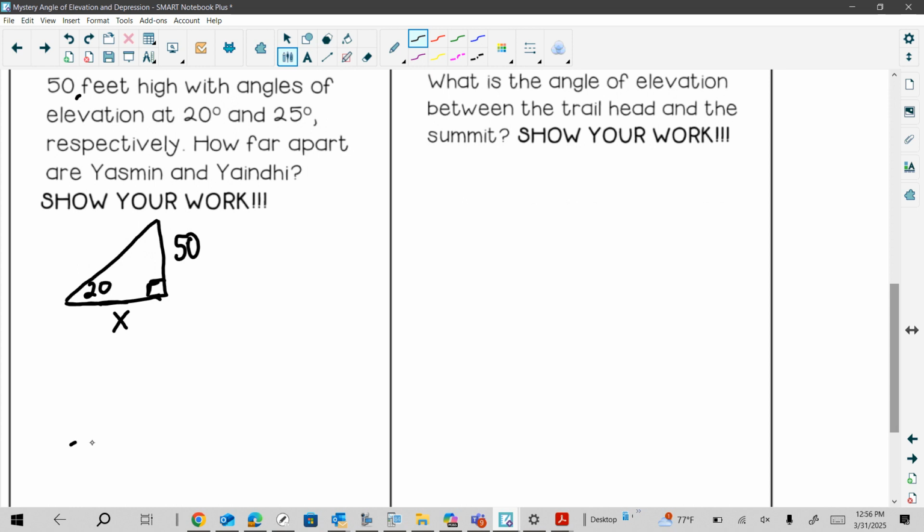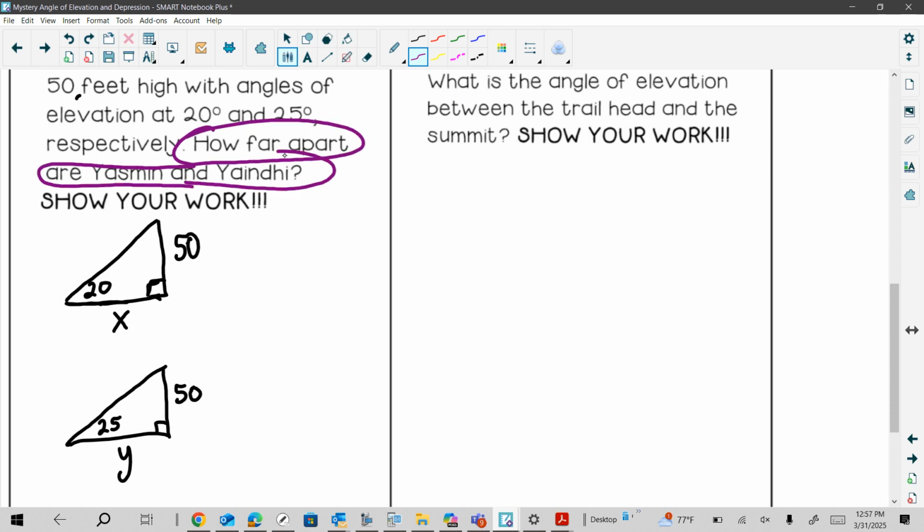The other triangle is still vertical 50, but now your angle with the horizontal is 25, and you're trying to find that horizontal, which is Y. The question is asking how far apart they are, and that is subtraction. You're going to find each variable, then subtract them to get the final answer.